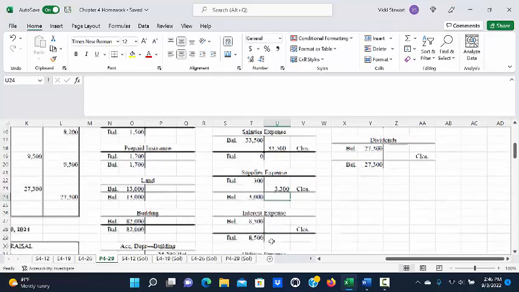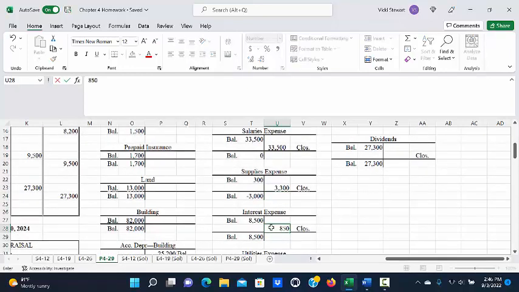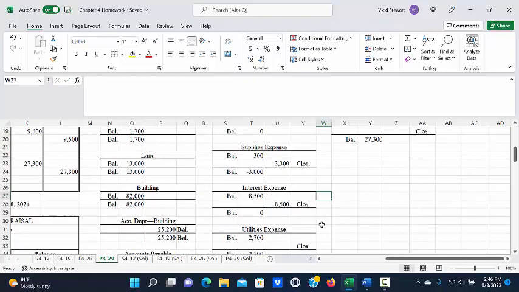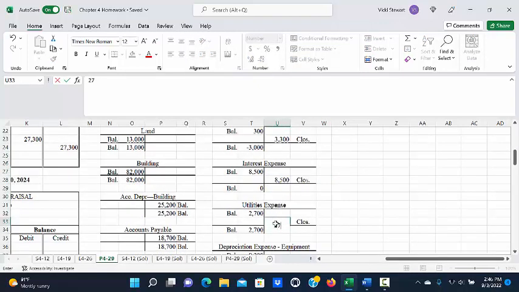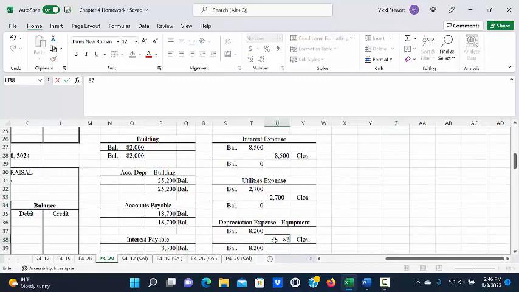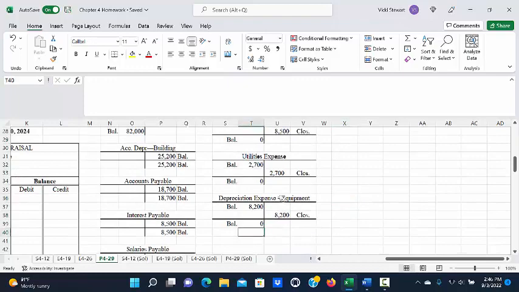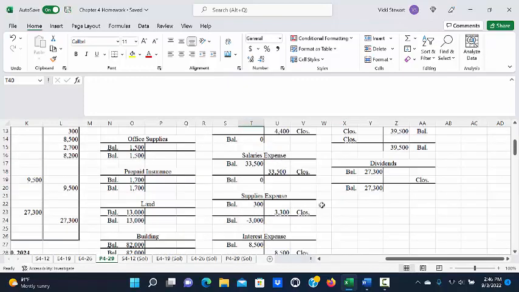So our expense accounts will be at zero, so they can begin over again accumulating amounts for the next period. So your temporary accounts will always have a zero balance at the beginning of the next period, and we can see that all of these now are zero.